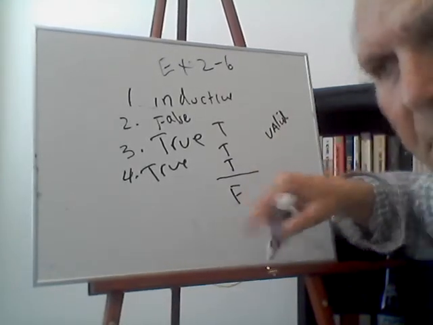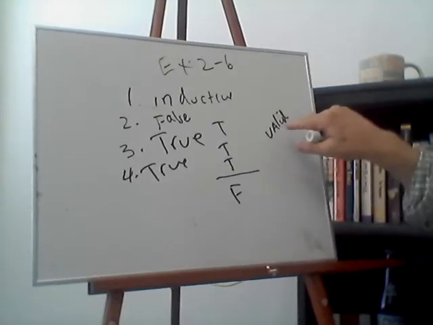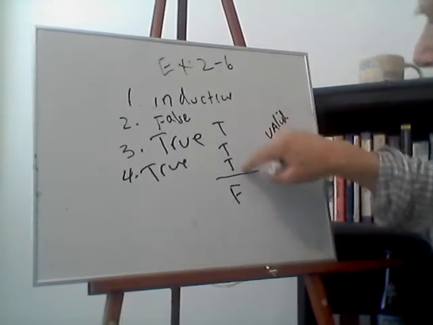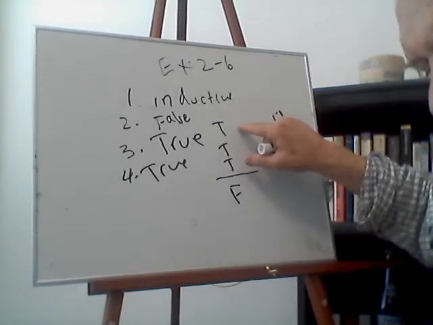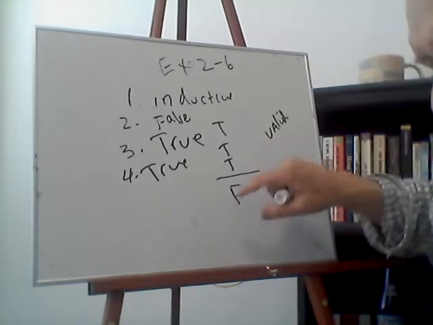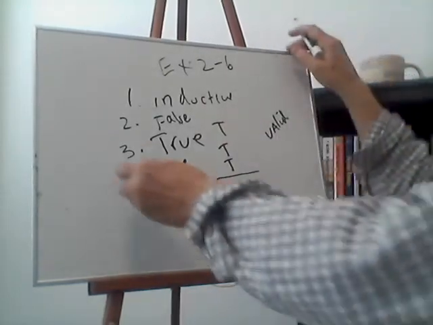In a valid argument, if the premises are true, the conclusion has to be true. Therefore, we know we cannot have all premises being true. That statement is true.